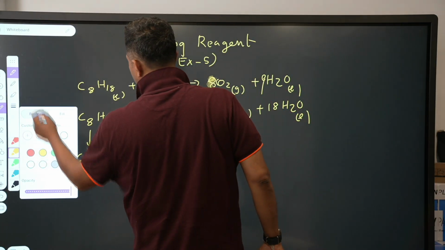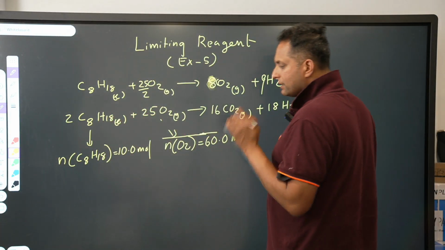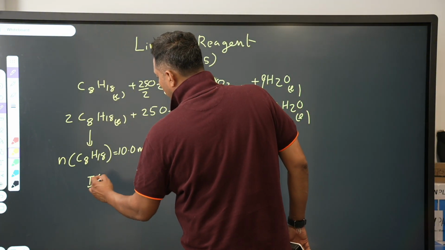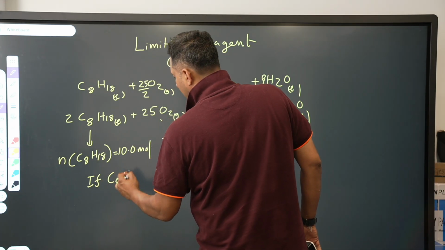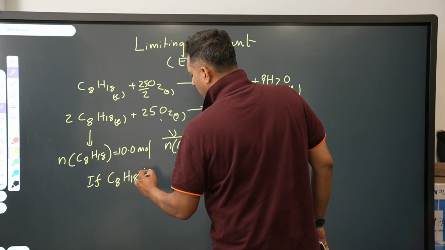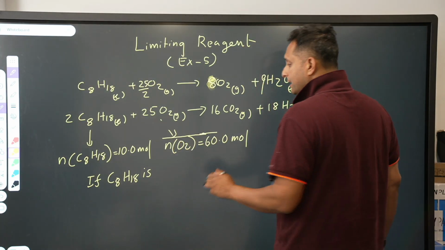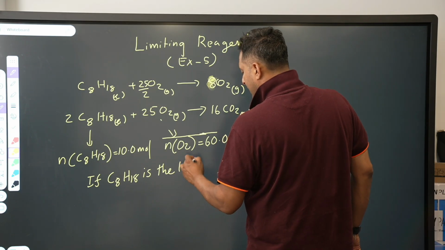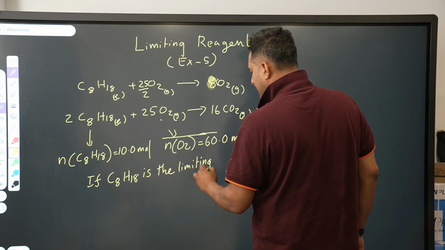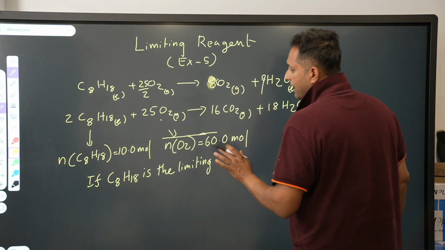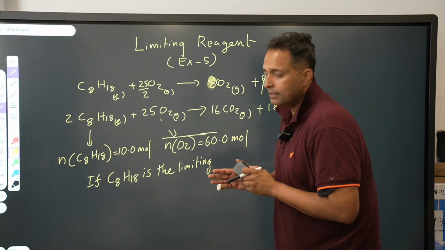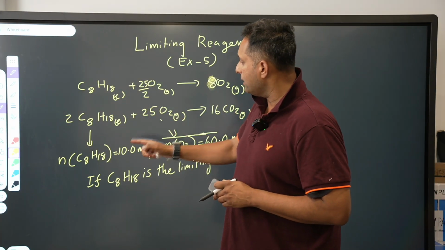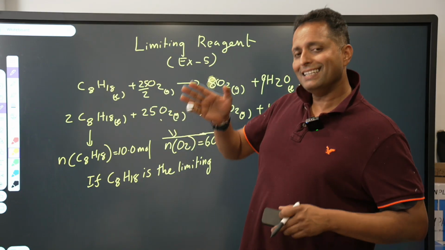Now look. The first step is, let's assume octane is the limiting reactant. If you assume the octane is limiting, the oxygen should be in excess.